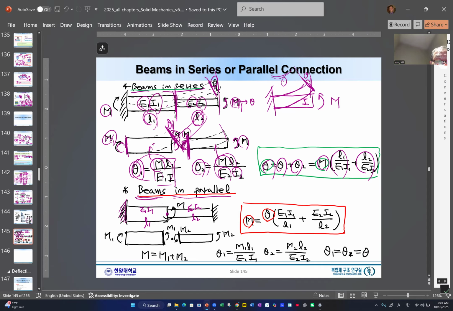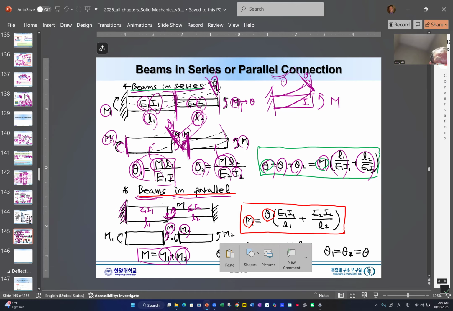Now, instead of applying to the end, we are applying the moment at the center, at the connection point. See, we apply the moment here. So actually the moment we apply will be divided into two parts. One is moment one goes here, the other moment goes here. So total of this moment will be the M which we are applying. But we do not know what is M1 and M2.